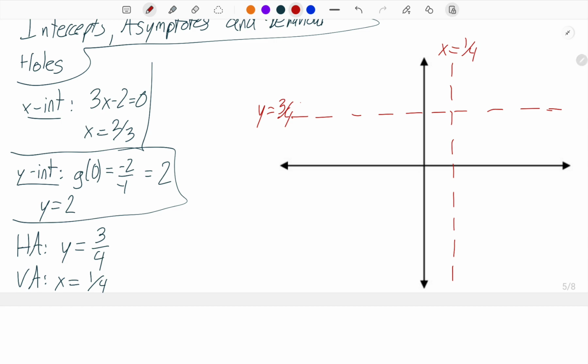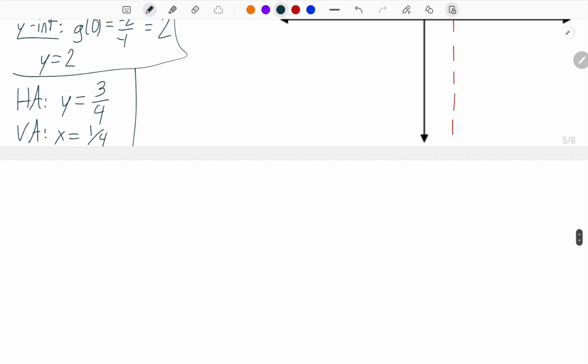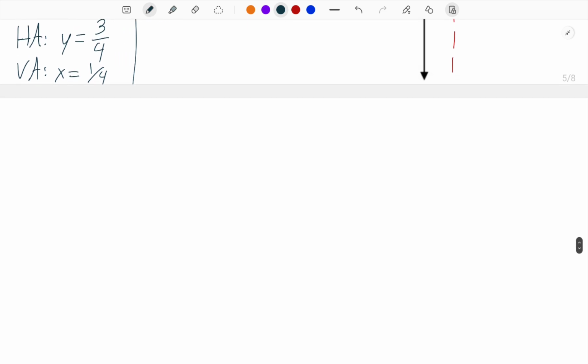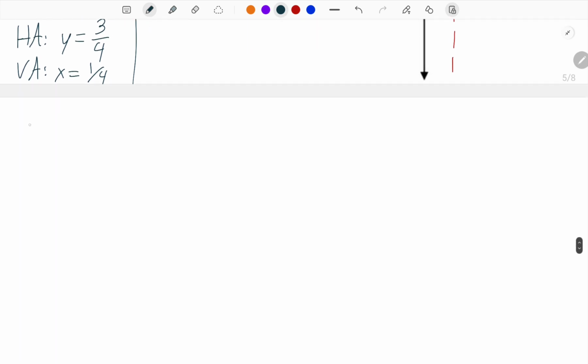All right, so now let's figure out the behavior of those asymptotes, and then we can go ahead and really fill in this graph. For figuring out the behavior of asymptotes, what I sometimes like to do is make a number line. Actually, in this case, let's not do that. We'll just go straight to plugging in test values. So HA, behavior as in horizontal asymptote.